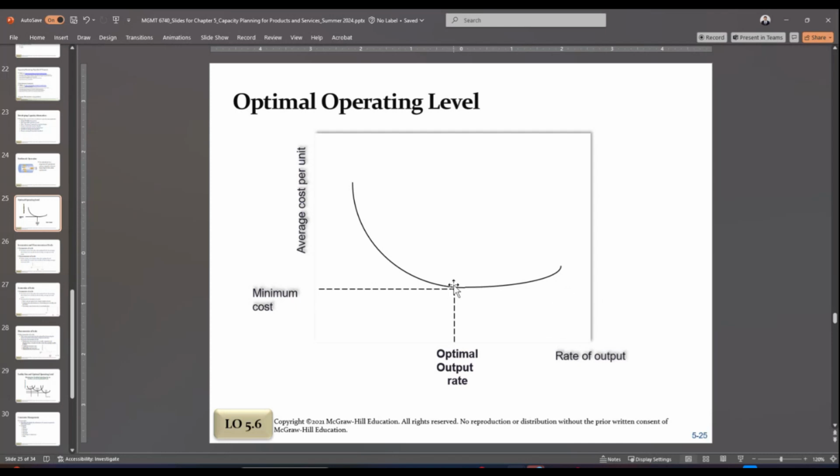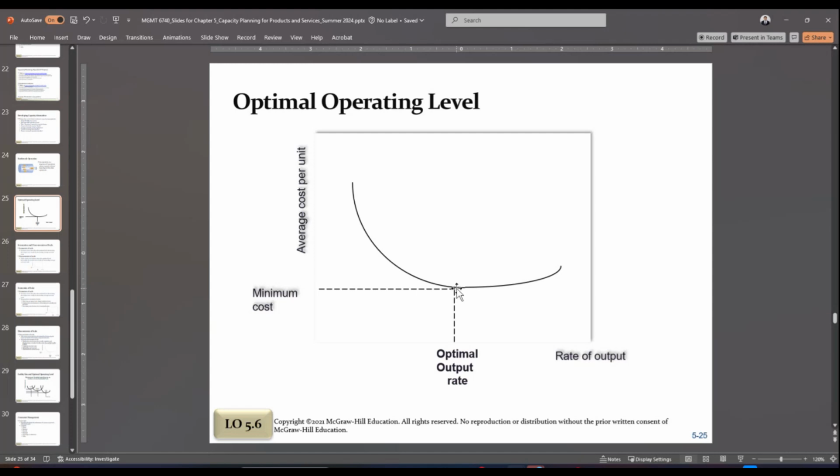Let's say 10 quantity. The setup cost is going to be 45 divided by 10, so my optimal output rate should be 10, and the minimum cost I'm getting per part is $4.50. And suppose my demand is also 10.